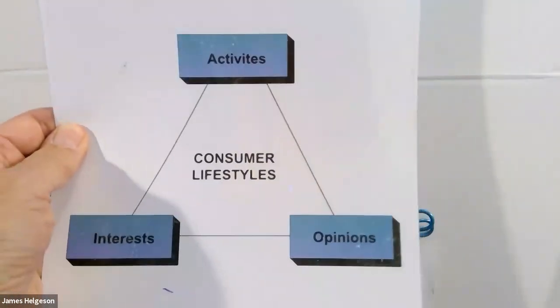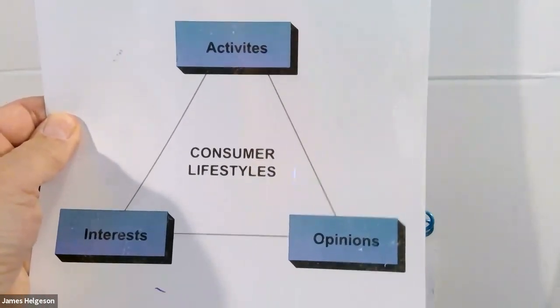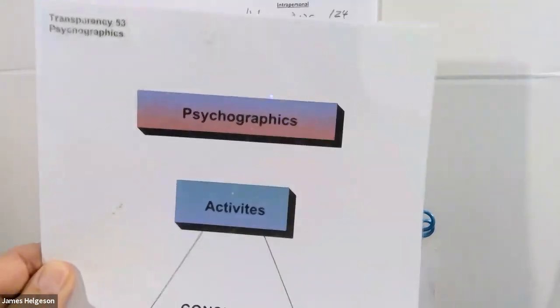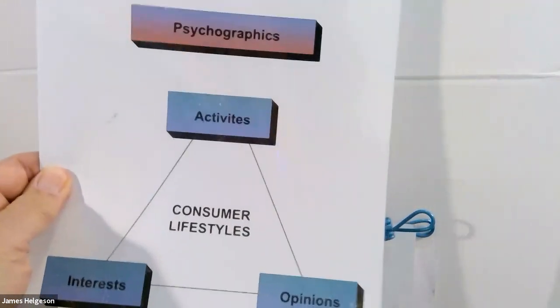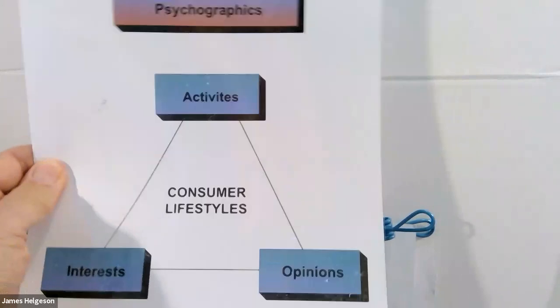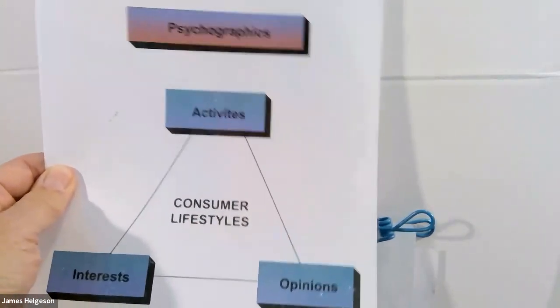And it's internal, captures personality, stuff inside the individual. These AIO measures, remember that? AIO, activities, interests, opinions, lifestyle, psychographics. There it is, okay? So we've done that, talked about that with regard to segmentation variables. Well, what's next here?